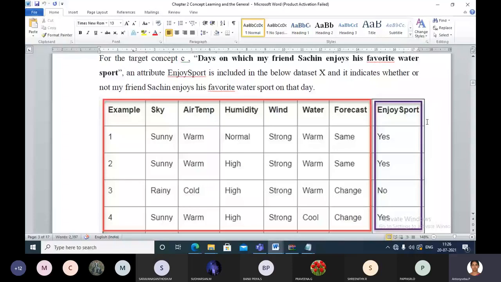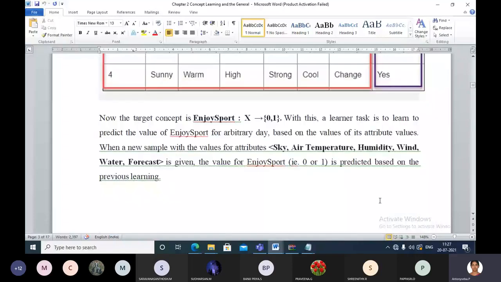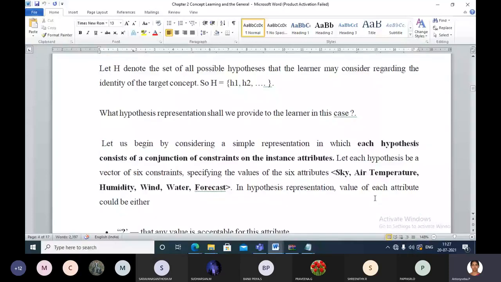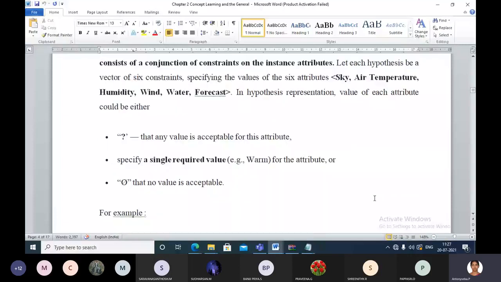Okay. And if you want to search something, then you can go for an algorithm, the Find-S algorithm, where S stands for specific. Okay. And in this algorithm, only the positive instances are considered. Okay. We are moving from a general to a specific ordering.